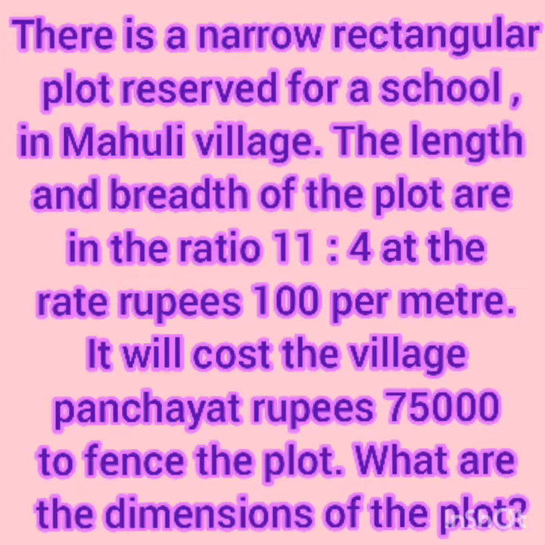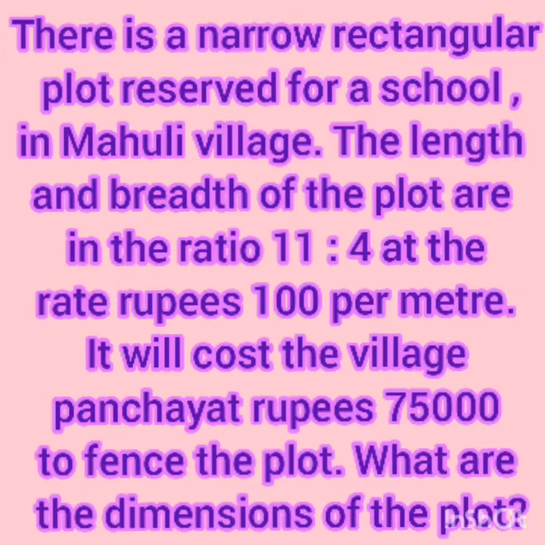The length and the breadth of the plot are in the ratio 11 is to 4. At the rate of rupees 100 per meter, it will cost the village panchayat rupees 75,000 to fence the plot. What are the dimensions of the plot?